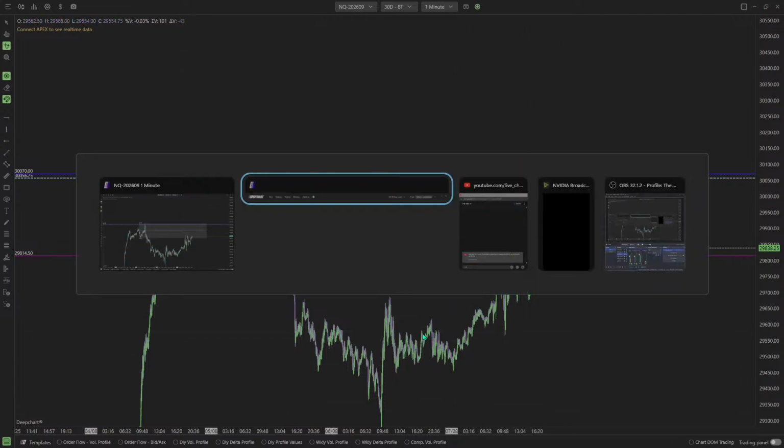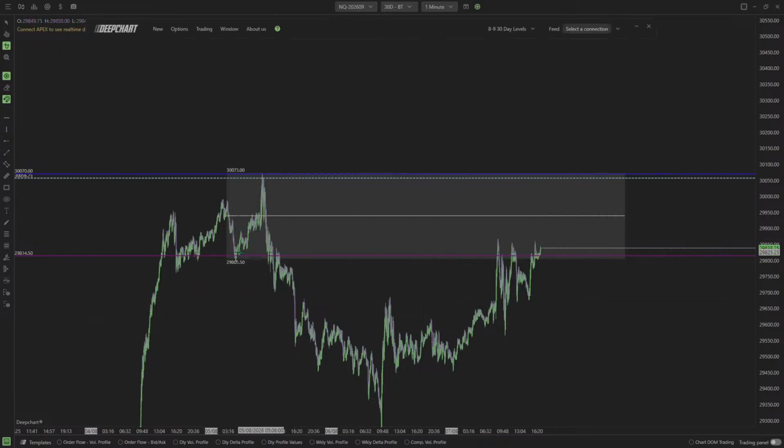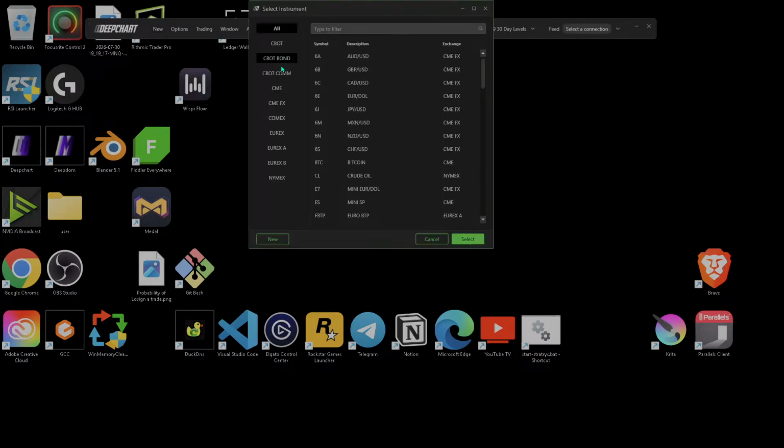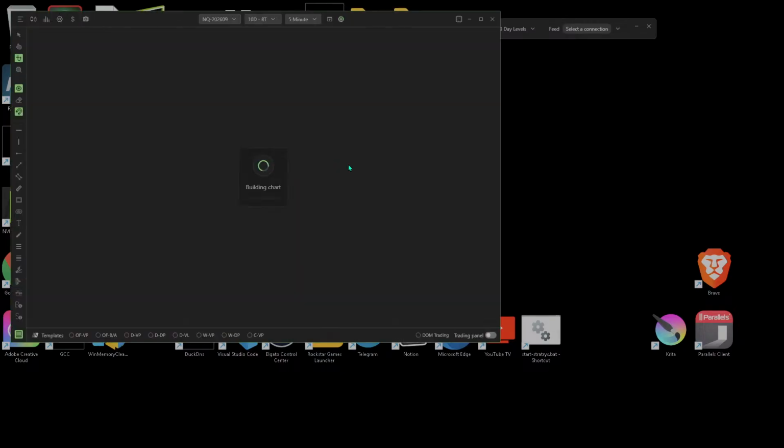Now what we're going to do is some back testing. And these levels, I'm just going to close this chart out. We're going to open up a new chart. It's going to be CME, NQ.